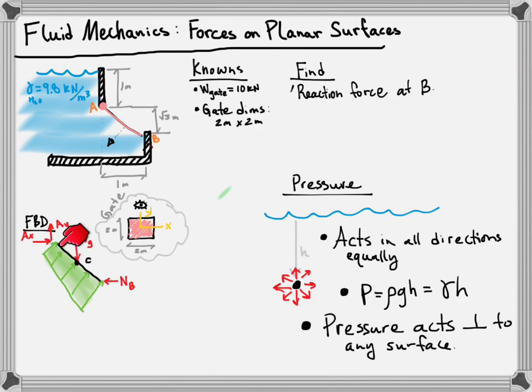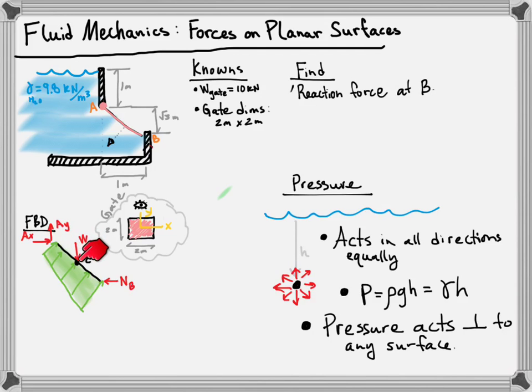Okay, and we're going to use a free body diagram to analyze this. Basically, we're just going to look at all the forces and torques acting on this thing. We know that at the top we have a hinge, and a hinge only allows rotation and does not allow translation right or left or up and down.